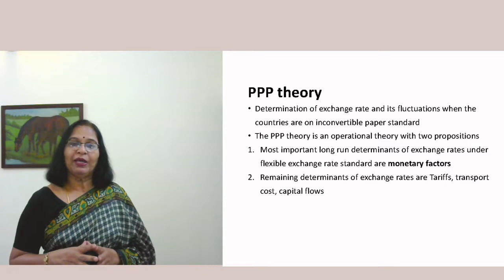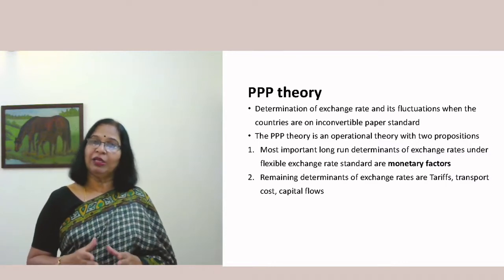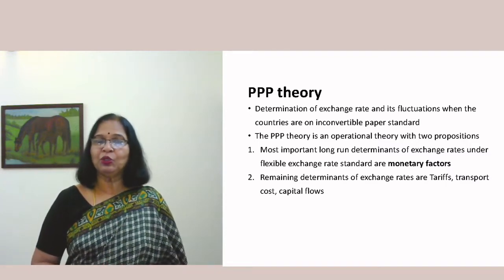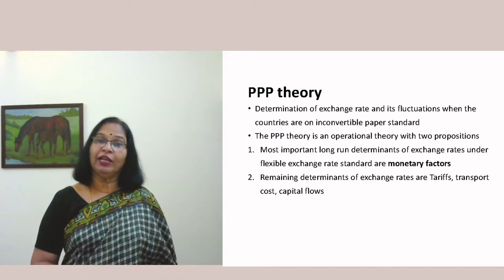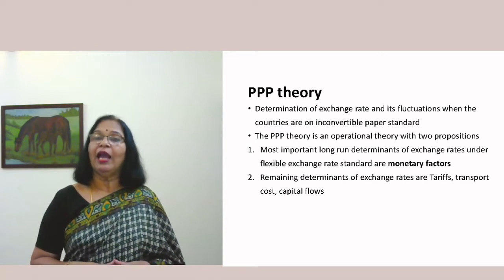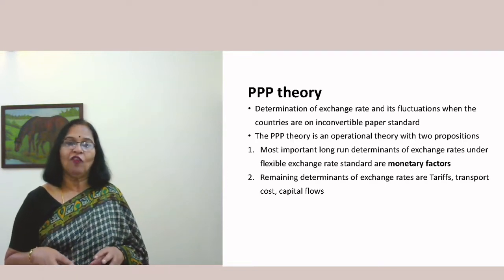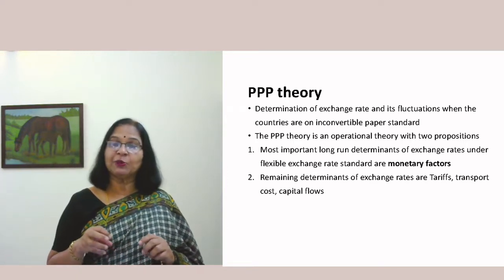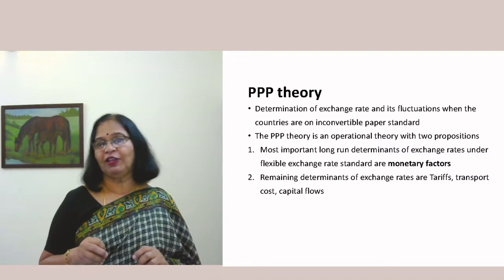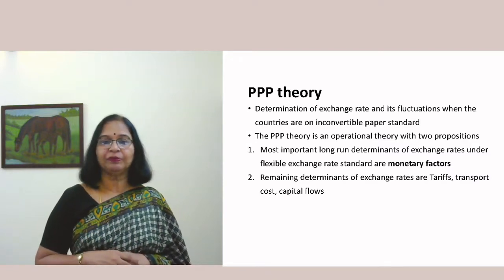This purchasing power parity theory explains the determination of exchange rate between two currencies on inconvertible paper currency standard, and it also explains the fluctuations in the exchange rate when the countries experience inflation or deflation in their respective countries.